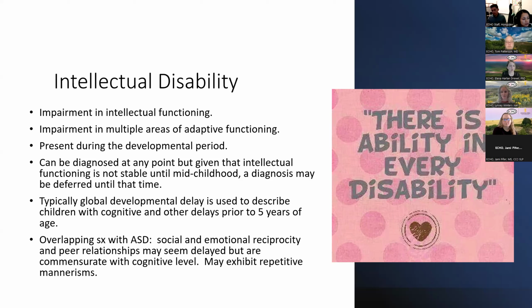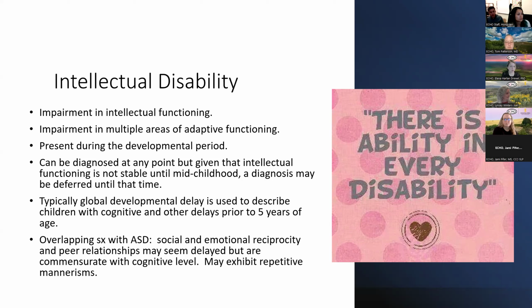Intellectual disability is diagnosed in the developmental period, so it's not diagnosed in adulthood. Keep in mind, though, that intellectual functioning is not stable until mid-childhood, so a diagnosis might be deferred until that time. And typically prior to that, diagnoses like global developmental delay are used to describe cognitive and other delays in children prior to the age of 5.